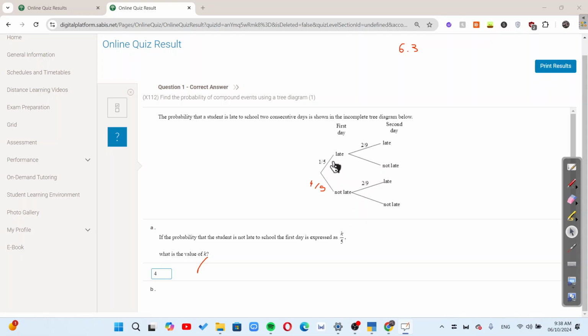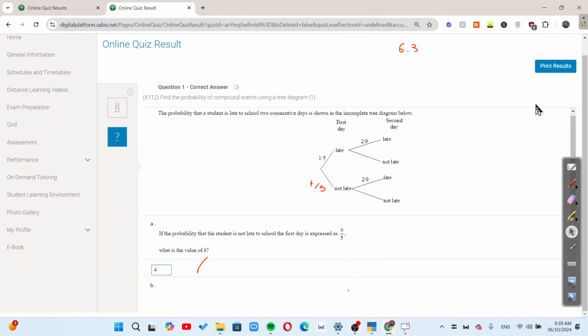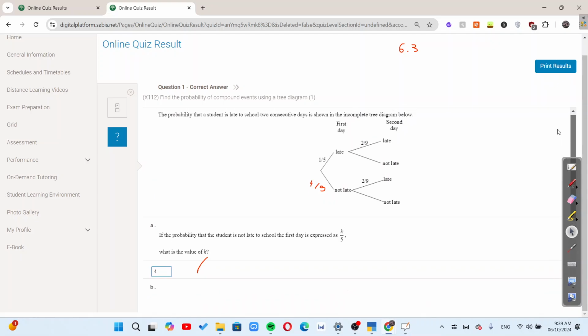So the probability of the student being not late is, wait, I think I wrote it down wrong on my paper. Oh no, I didn't write it wrong. I just misunderstood the question. Okay, so the probability that the student is not late on the second day. So if the probability he's late is 2 over 9, then this must be 7 over 9, which is 9 minus 2 over 9. That's what they meant. I understood the question wrong.